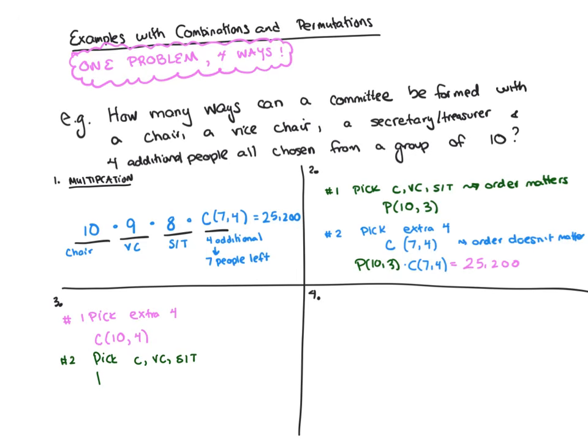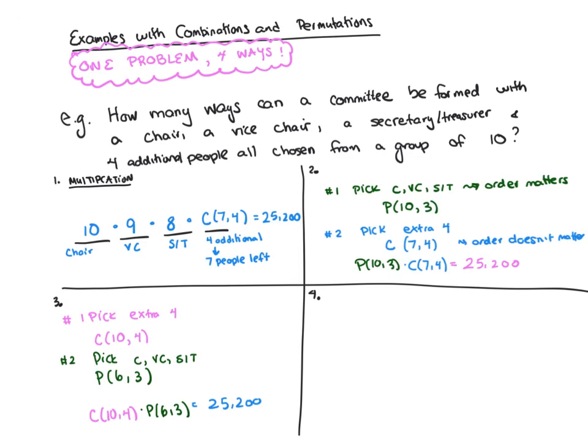So here, order matters. P10, nope, not 10 anymore. I've already picked 4, so there's only 6 people left, and I have to pick 3 out of them. So in this case, I end up with C10 4 times P6 3. And that will again be 25,200. So there's lots of different ways we can do this.